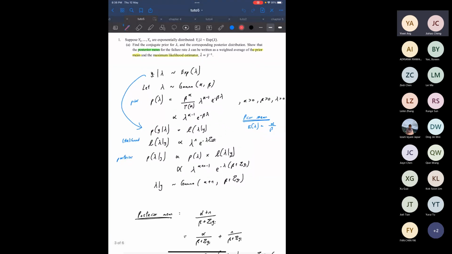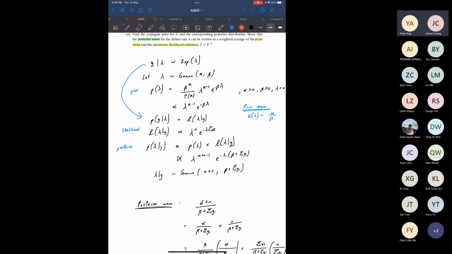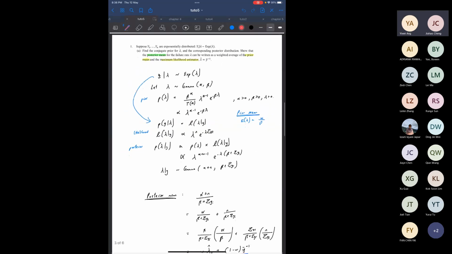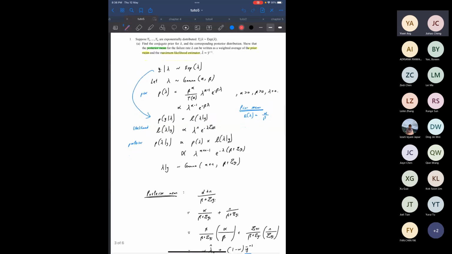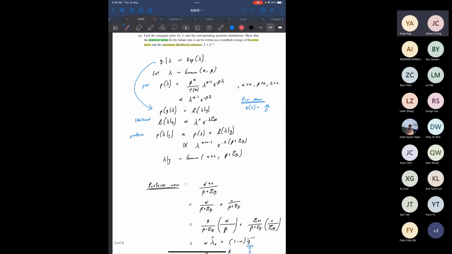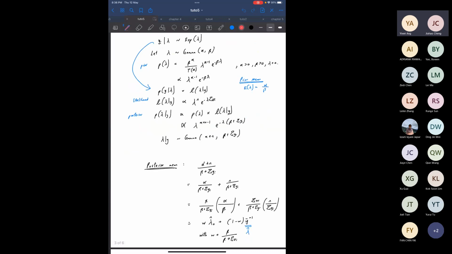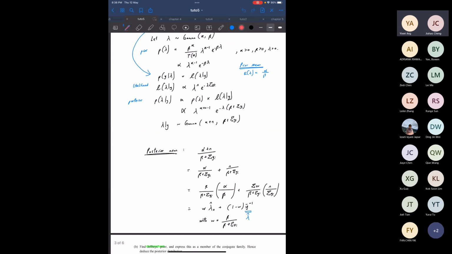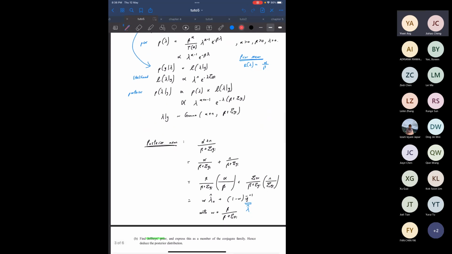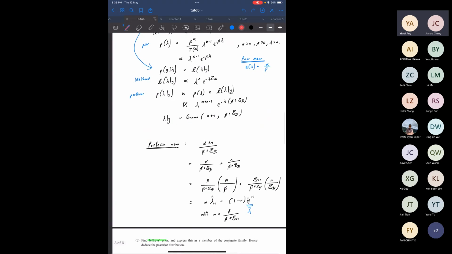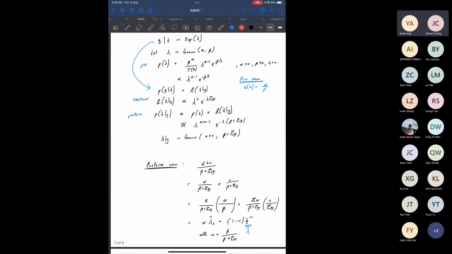And so after some calculation, we get the posterior lambda will be gamma distributed with alpha plus n and beta plus sum of y. To get the posterior mean in terms of the prior mean and the maximum likelihood estimator, we need to specify the mean of the posterior, which is alpha plus n divided by beta plus sum of y, and we can split the denominator into two parts and do some magic, and afterwards you can find, you let w equal to beta over beta plus sum of y.